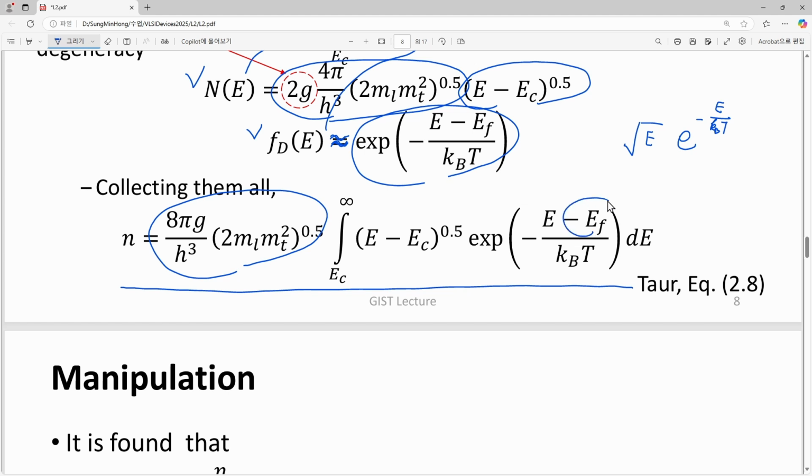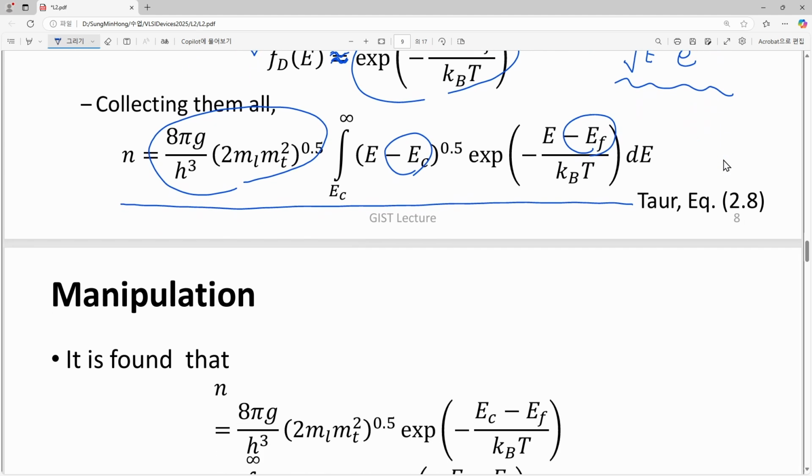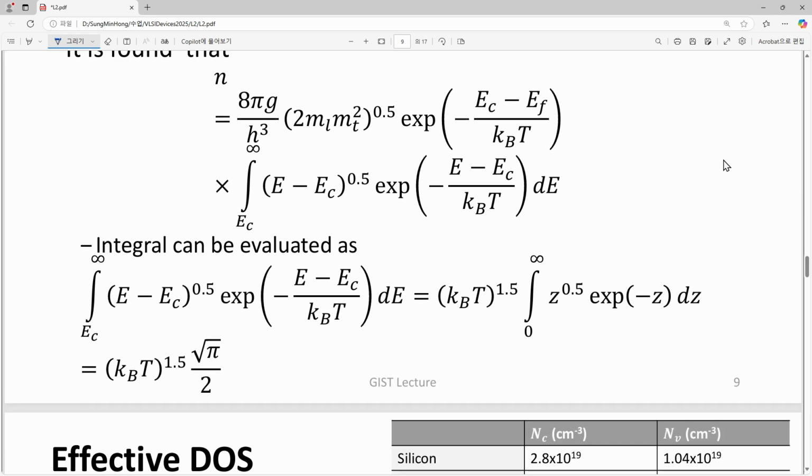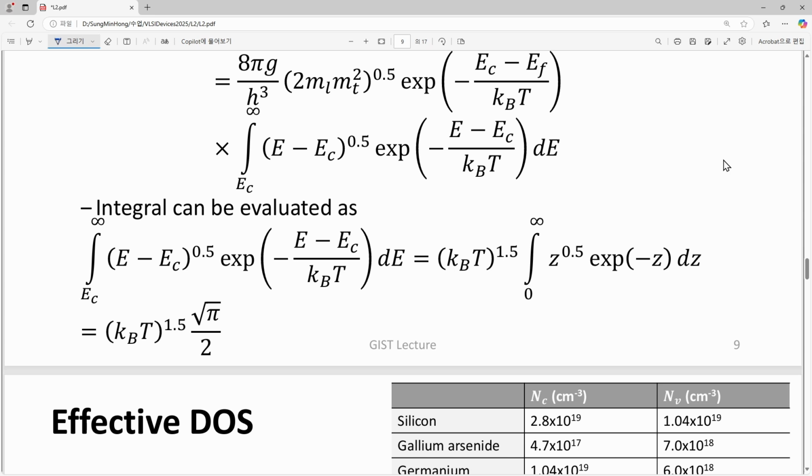Although it has the Fermi energy and some other quantity like the conduction band minimum, basically it has the form of this expression, so now you can evaluate it quite easily. I will just skip this one. Please check this one, and it can be easily calculated and it gives you just a number.